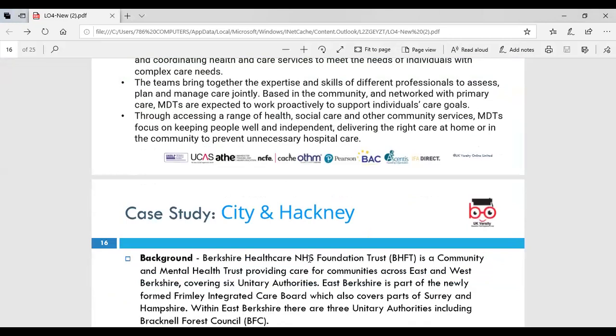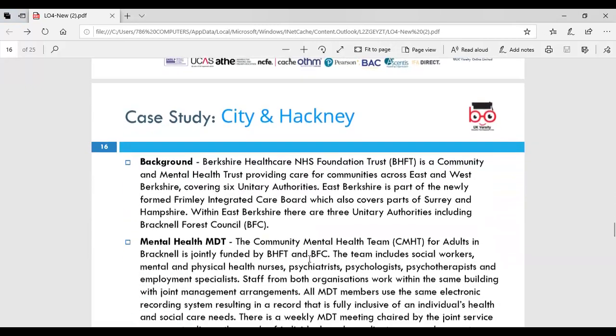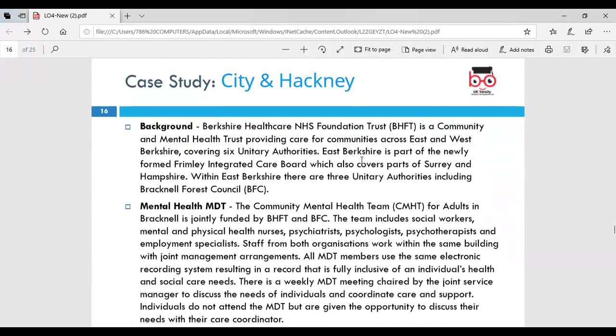Through accessing a wide range of health and social care and other community services, these multidisciplinary teams focus on keeping people well and independent, delivering the right care at home or in the community in order to prevent unnecessary hospital care. There's a case study, City and Hackney, that we will talk about.